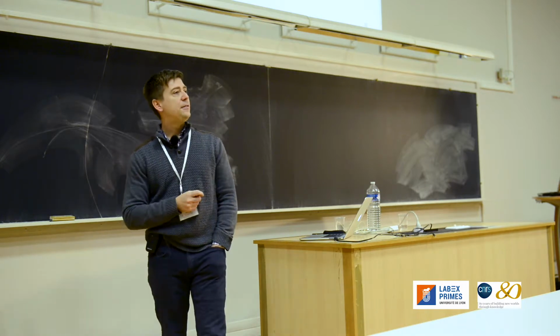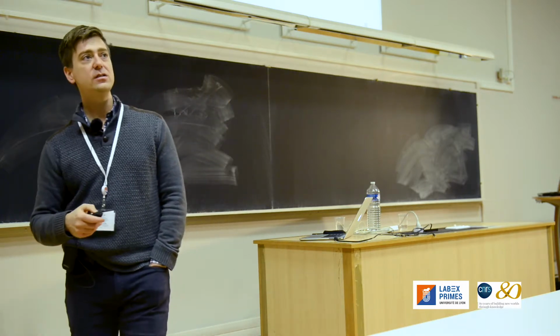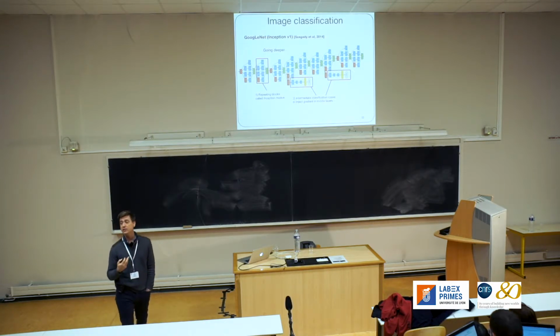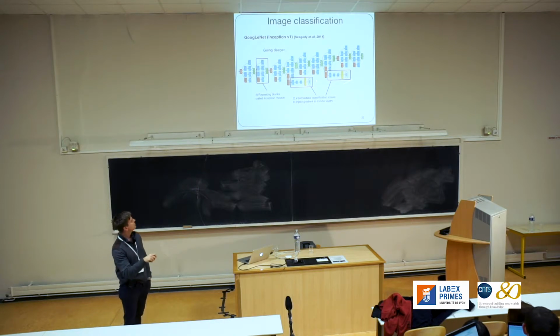We also have intermediate loss functions. So instead of having a loss function only at the end, within the network we have some other loss functions. And what is the goal of these loss functions? If we only have a loss function at the end, then the gradient, when I do backpropagation, has to go all the way back.